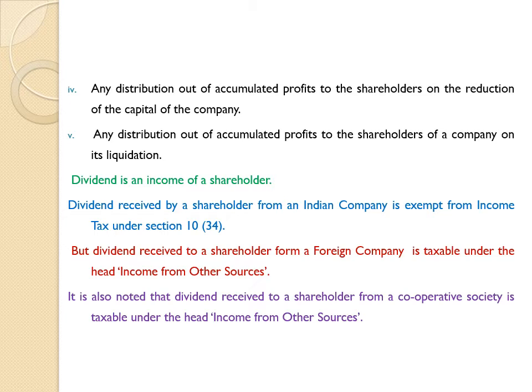In short, dividend is an income received by a shareholder. Dividend received from an Indian company is exempt from tax. Dividend received from a foreign company is taxable under the head income from other sources. Dividend received from a cooperative society is taxable under the head income from other sources.